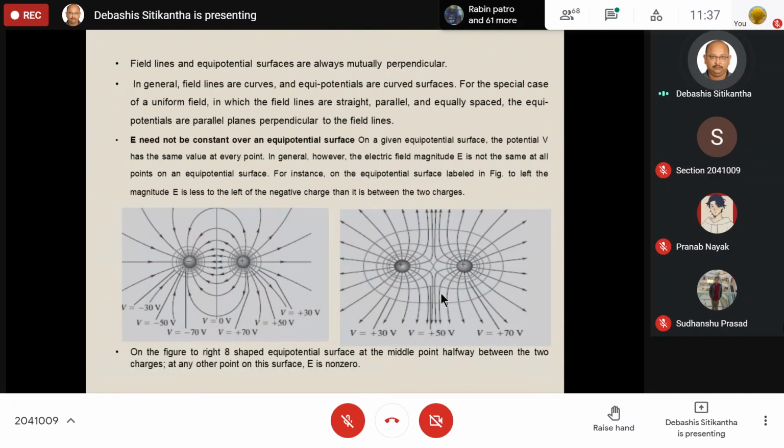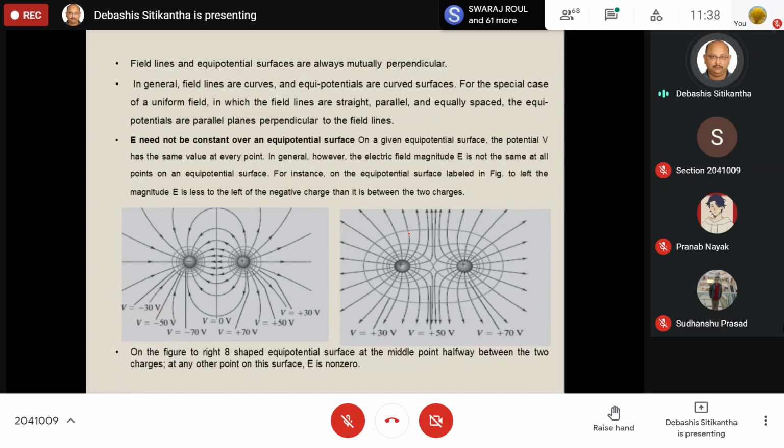So whatever we have studied over there is mentioned over here. Here I have written that field lines and equipotential surfaces are always mutually perpendicular to each other. Obvious thing. Just have a look at this equipotential surface.